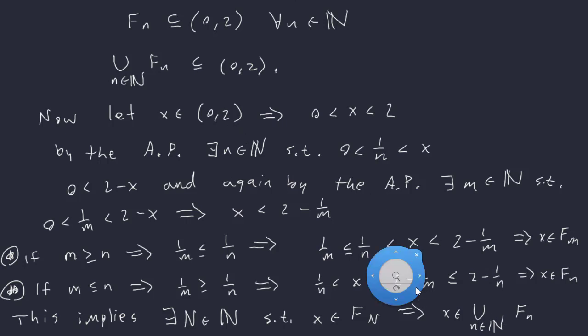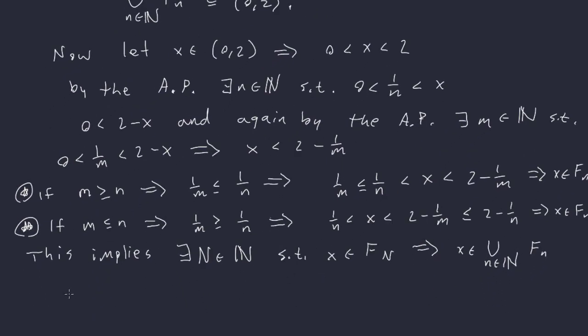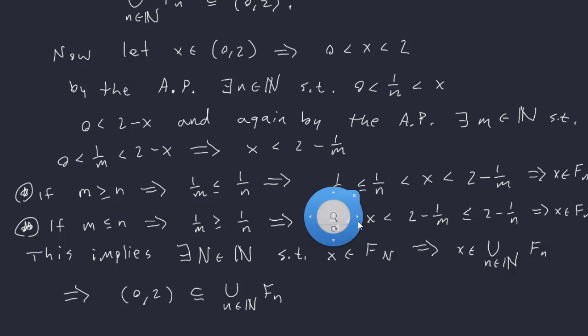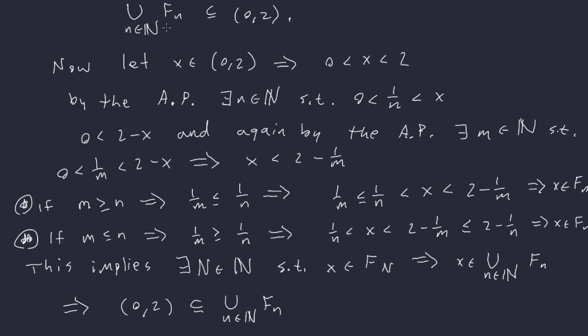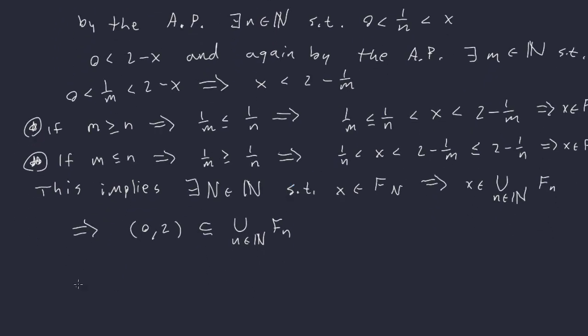So this implies that the open interval 0 to 2 is a subset of the union of closed sets. Okay, so we have this direction, that the countable union of these closed sets is a subset of 0 to 2, and 0 to 2 is a subset of this. Therefore, they're equal.